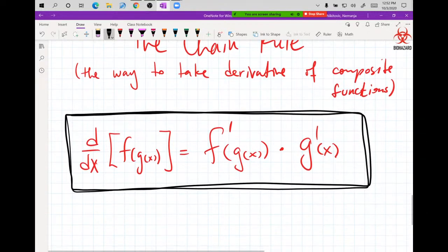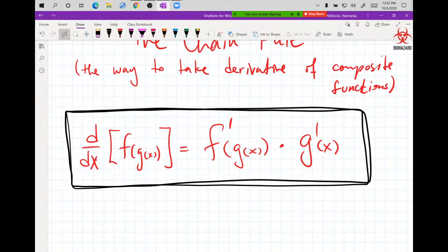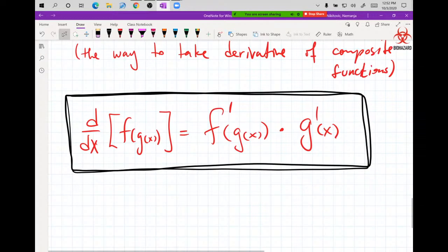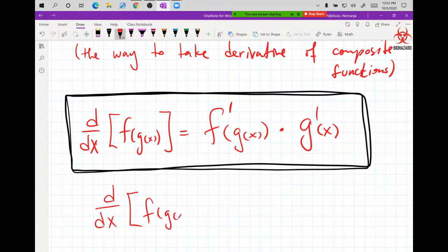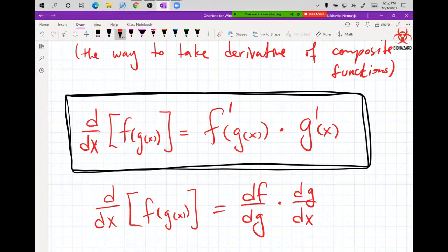We can write this formula in a chain form as the derivative of f of g of x is equal to the derivative of f with respect to g, and then the derivative of g with respect to x.